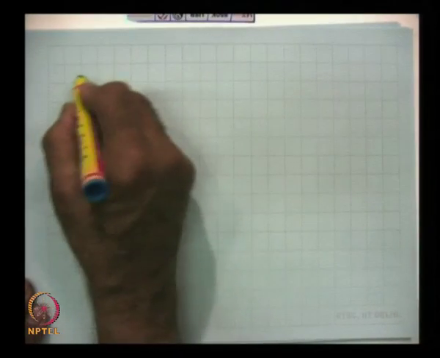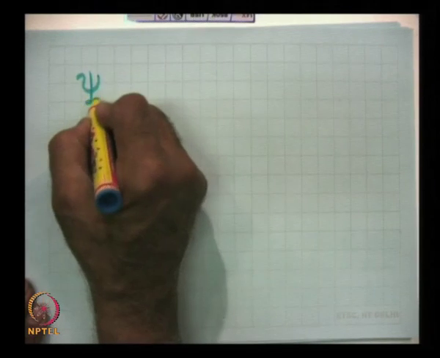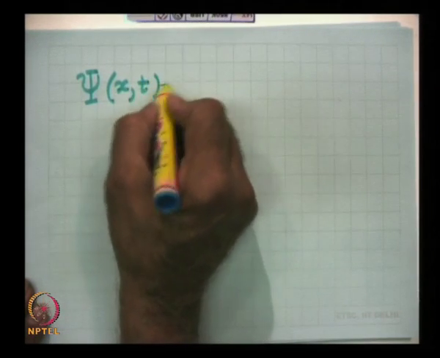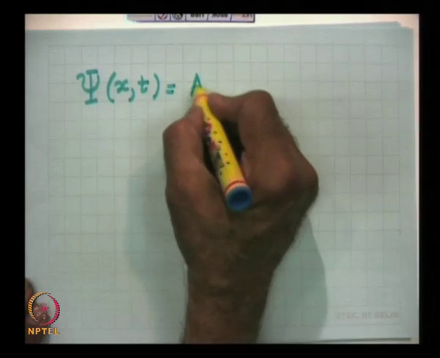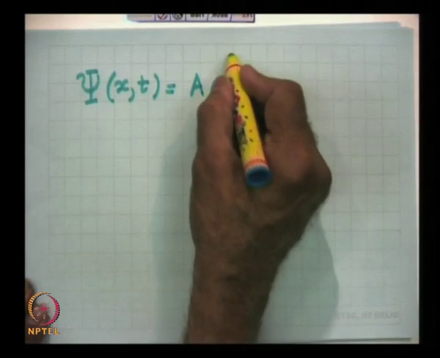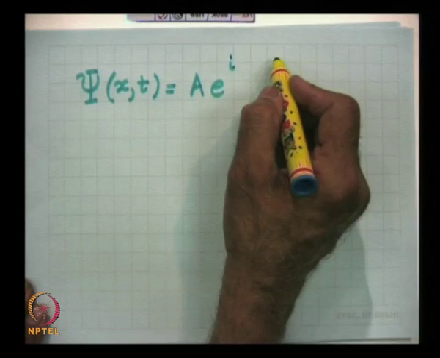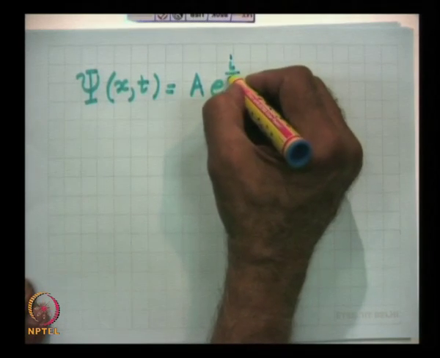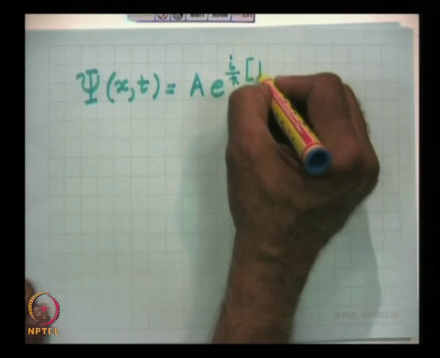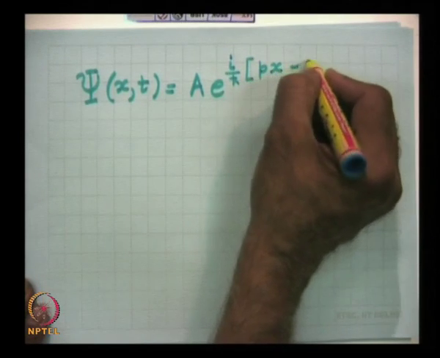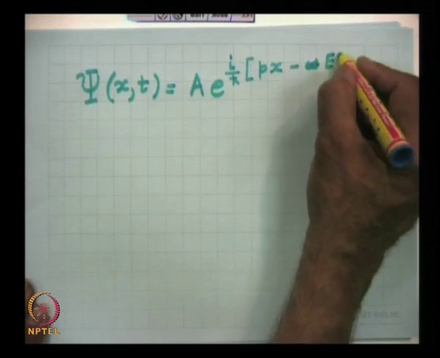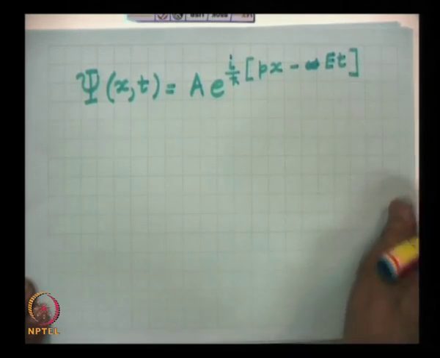So, I rewrite the one dimensional wave psi of x, t is equal to A into e to the power of i k x, k will be p by h cross. Let me do this again.